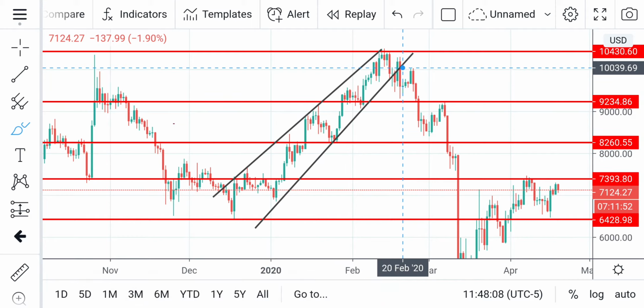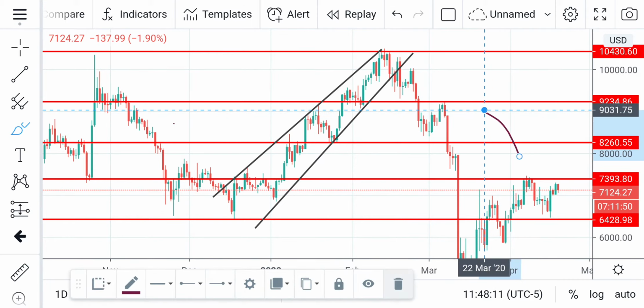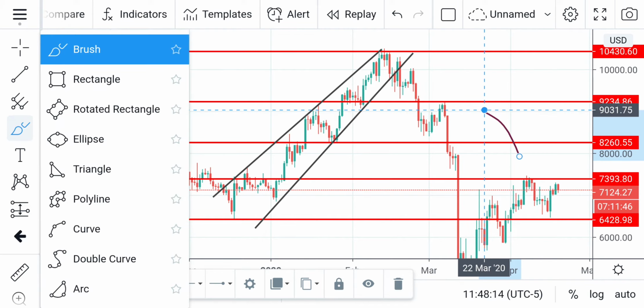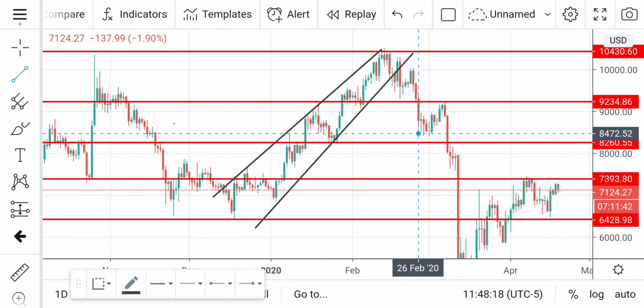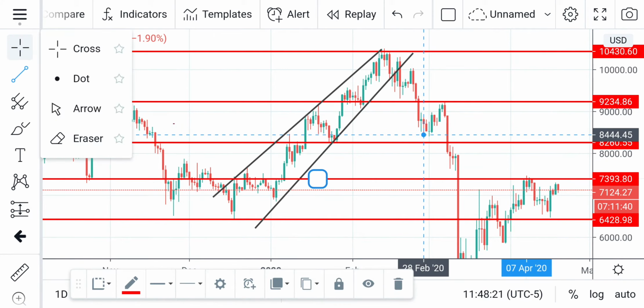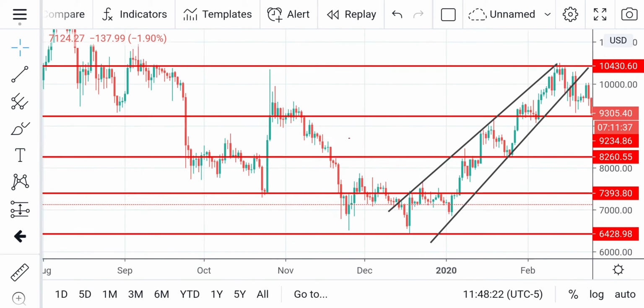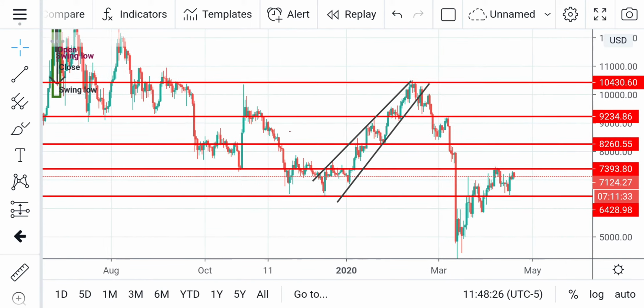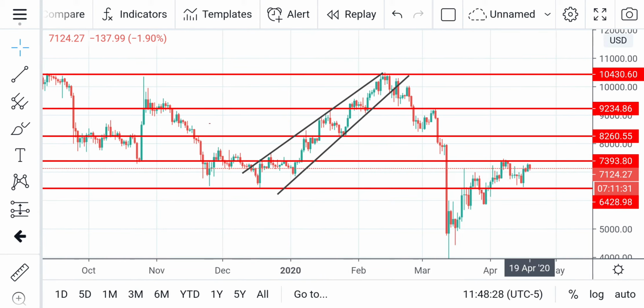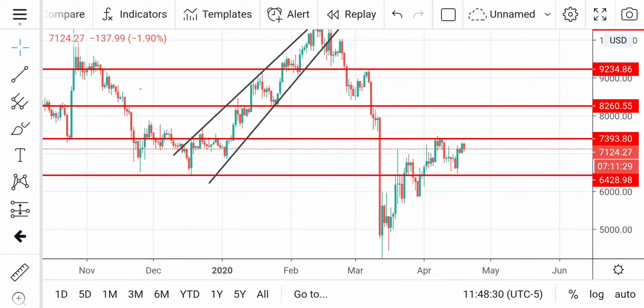This is an uptrend. So let's look for a downtrend. Okay, you can see over here too, this is an uptrend.